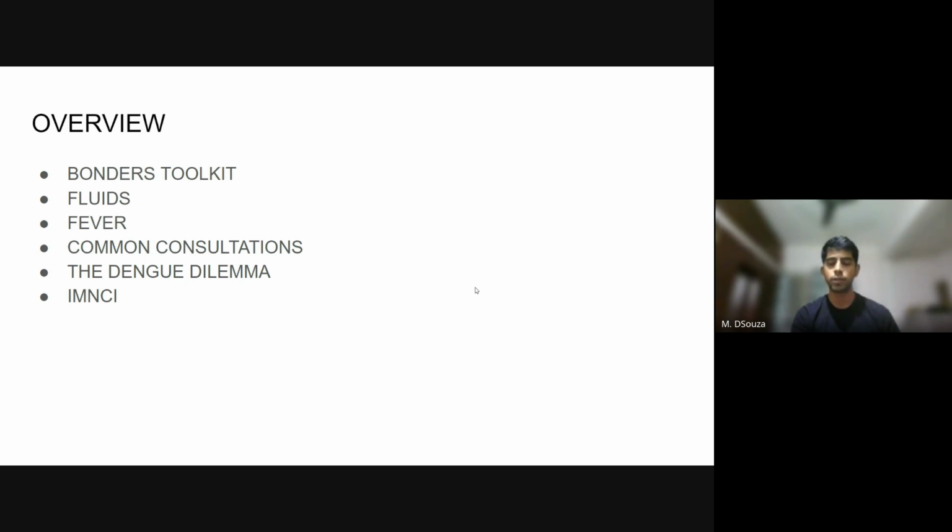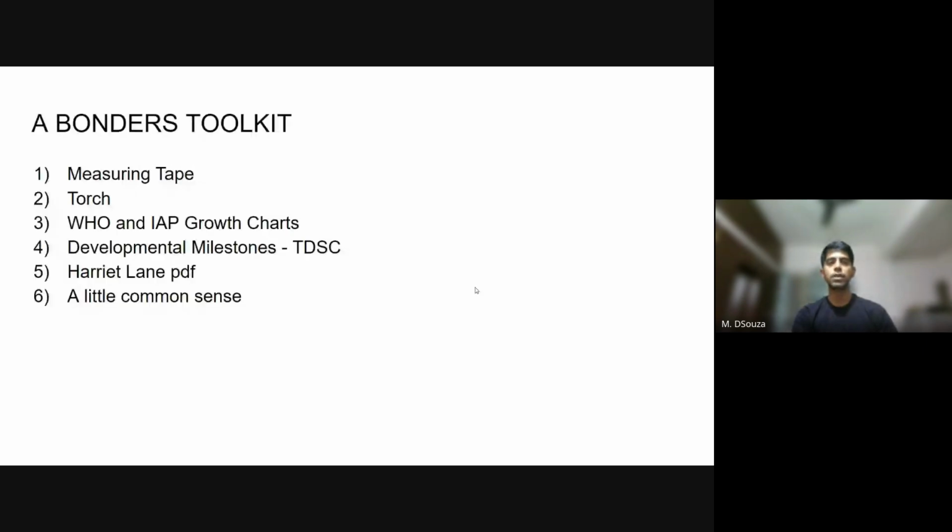As a lot of you have requested, we'll be covering fluids to a very basic degree in terms of what you absolutely need to know. How to address fevers and common scenarios we encounter in fevers, common consultations which we would encounter on a day-to-day basis during bond, the dengue dilemma given the climate we live in, and IMNCI, the conditions which are covered under that.